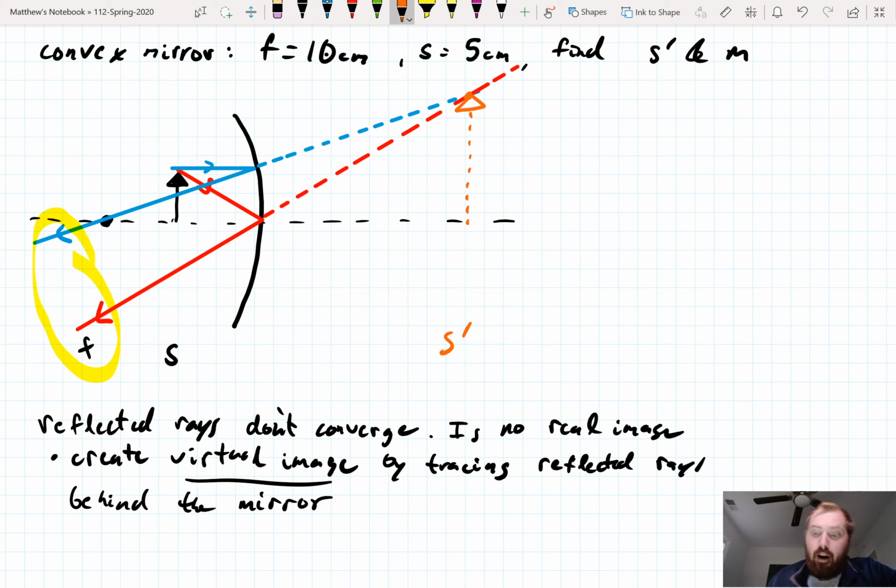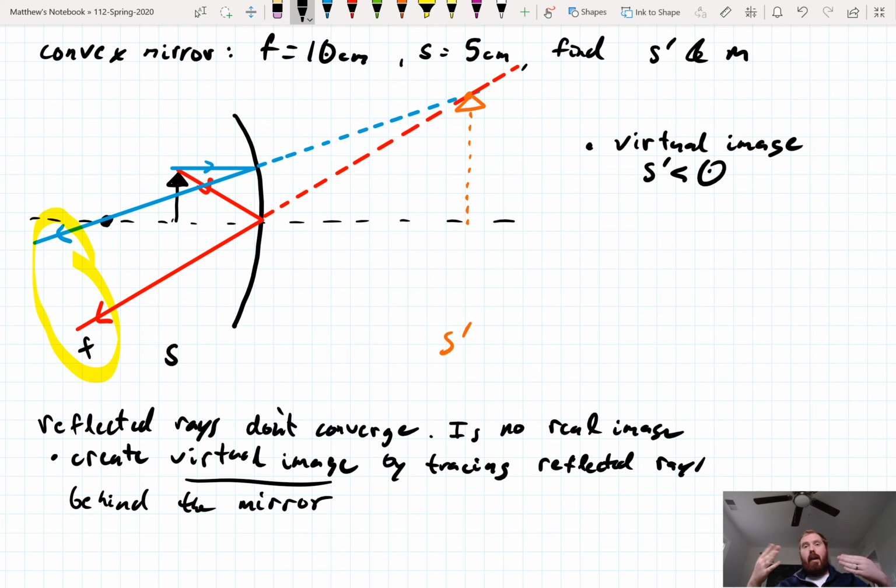Now there's S prime. So what we've learned is a virtual image, which means that S prime must be a negative number. The image is behind the mirror. There are no physical rays behind the mirror.